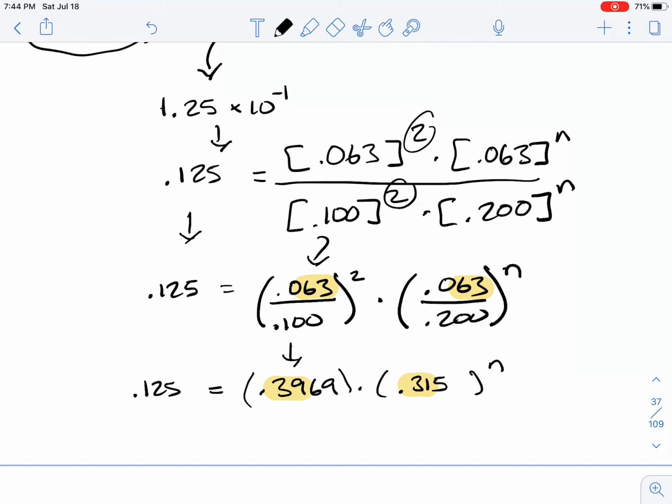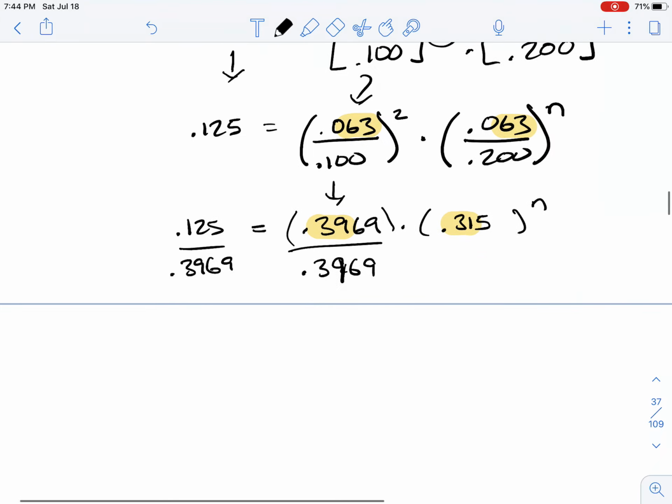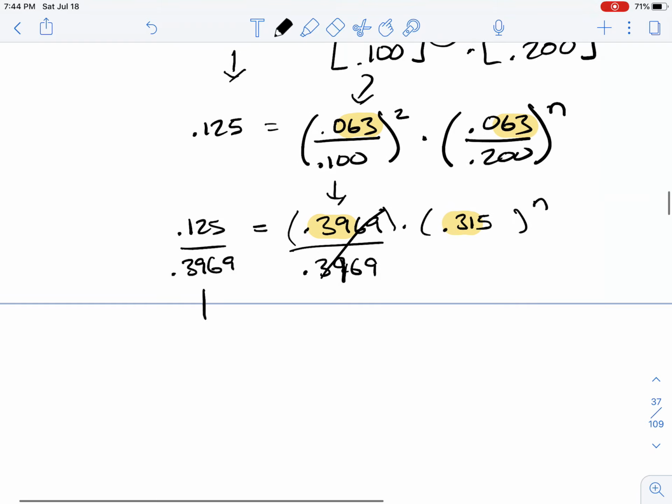And I'm going to go ahead and reduce this by dividing this term on both sides. Okay, so that's going to cancel this out. And I'm going to get 0.125 divided by 0.3969.